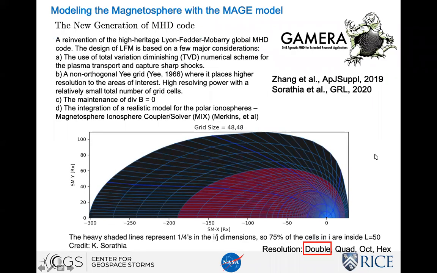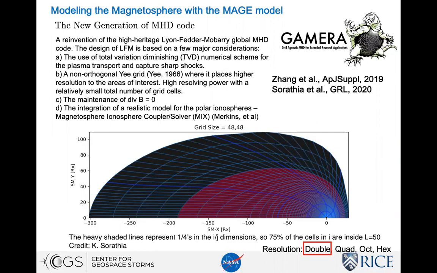And now we employ the next generation MHD code, Gemera, which is a brand new code that follows some major considerations of its predecessors, the LFM code. I think you heard of that, it's quite a famous MHD code.